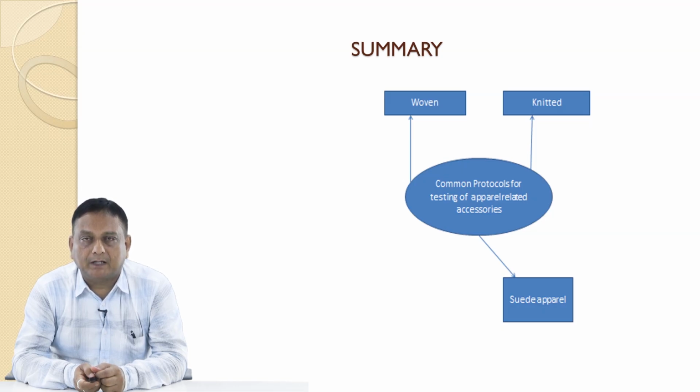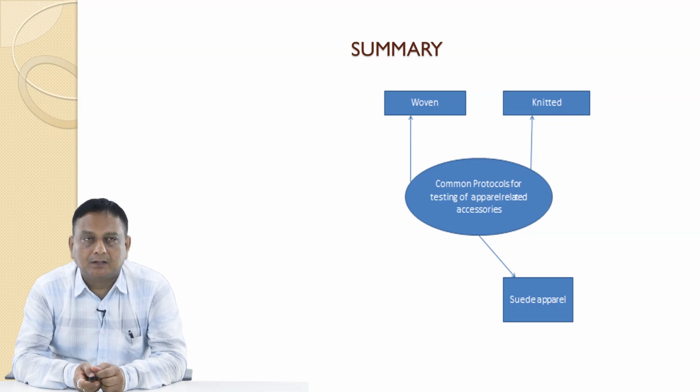So suede apparel and leather apparel are to be tested based on their appearance and what type of material they are, and it is different from the woven and knitted testing protocols.